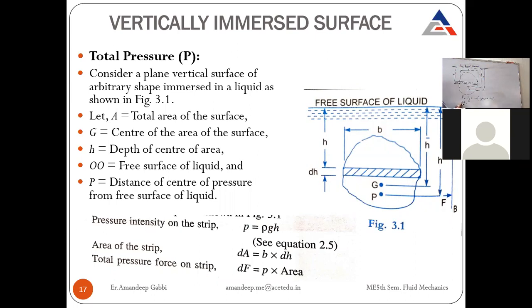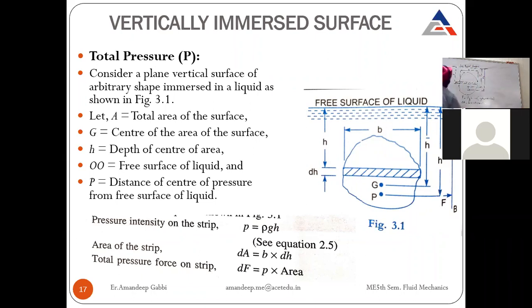Now, dA is the small area of this particular strip. dA is L into B, that is equal to dh into B. b dh is the small area of this particular strip, right?